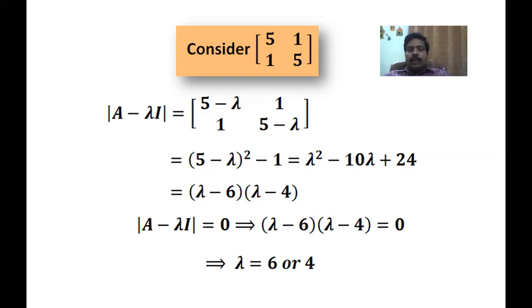So these two are the eigenvalues for the given matrix A. So these are some of the observations on some simple examples.